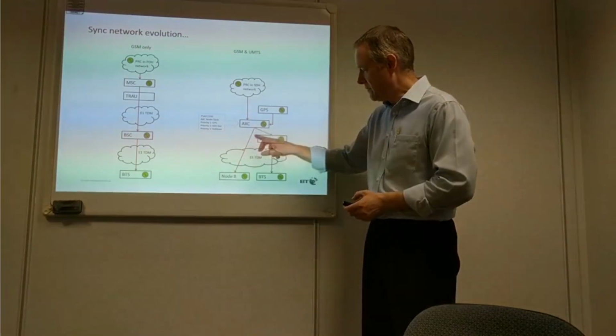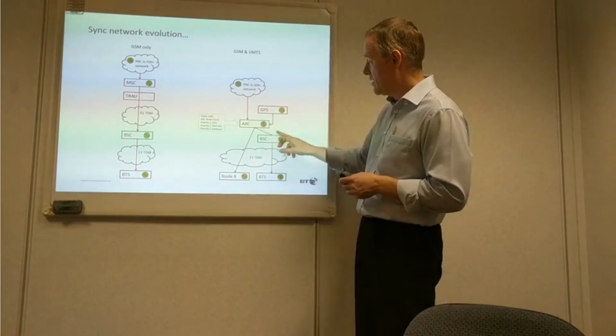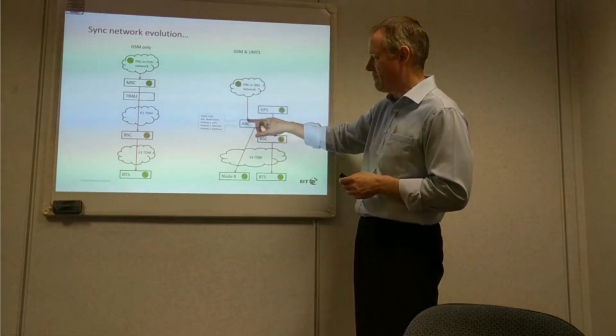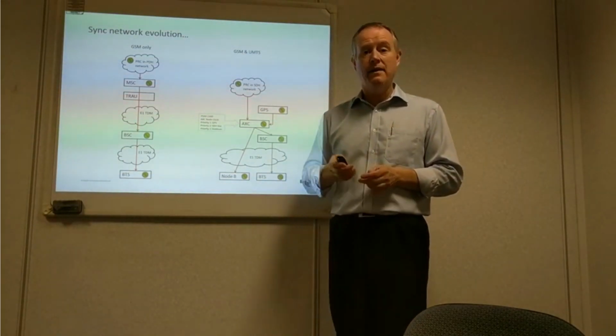So this part of the network is effectively the same as here. It's just E1 based. Complexity is introduced where we do the aggregation from here back into the core as ATM VC4s.